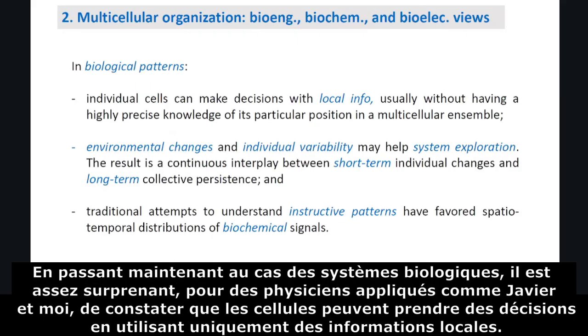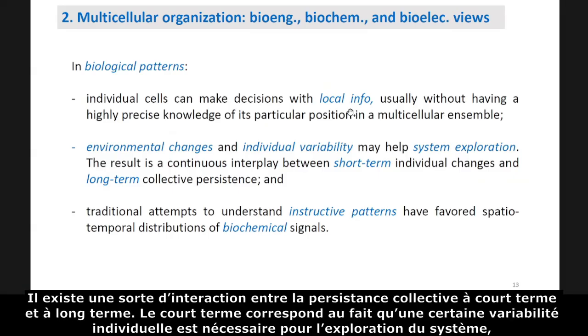Moving to the case of biological patterns, it is quite surprising for an applied physicist like Javier that cells can make decisions with only local information. I mean, it's a sort of interplay between short-term and long-term collective persistence.